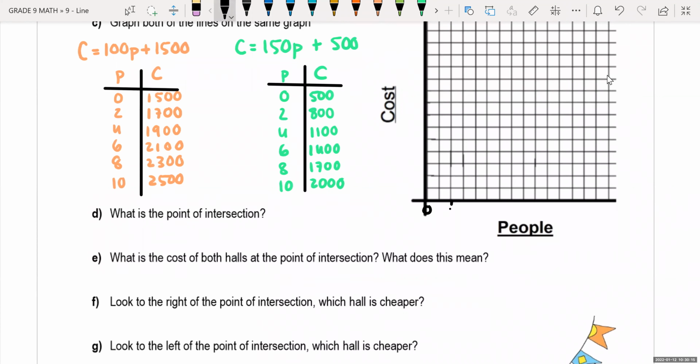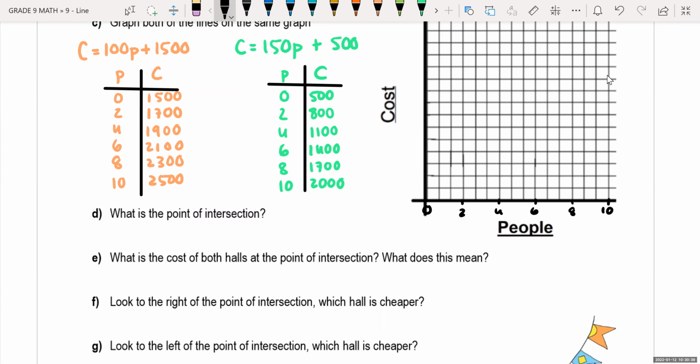So I'm going to start at 0 people, then 2, then 4, then 6, then 8, and then 10. You know what? I could have possibly skipped 2. Let's see what happens if I skip 2, just so we use most of the graph. So 2, 4, 6, 8, and 10. So that works out nicely.